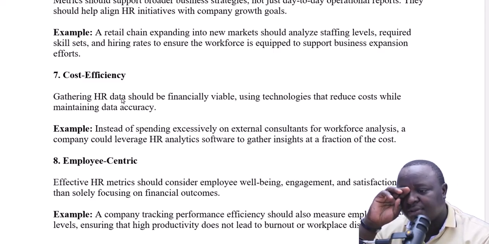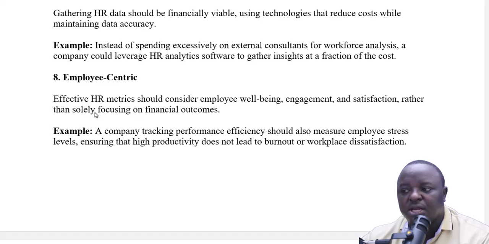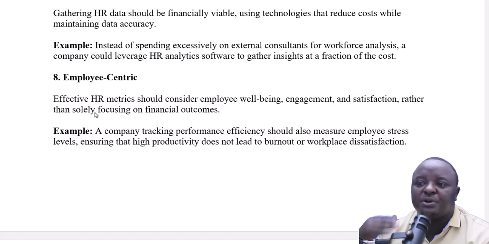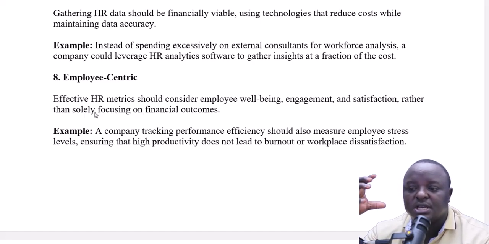And lastly, we have the employee-centric. Effective HR metrics should consider employee well-being, engagement, and even satisfaction rather than solely focusing on financial outcomes. The financial aspect is not the only motivating factor to the employees. There are other motivating factors, like when the employees feel like they are appreciated or recognized within the workforce.